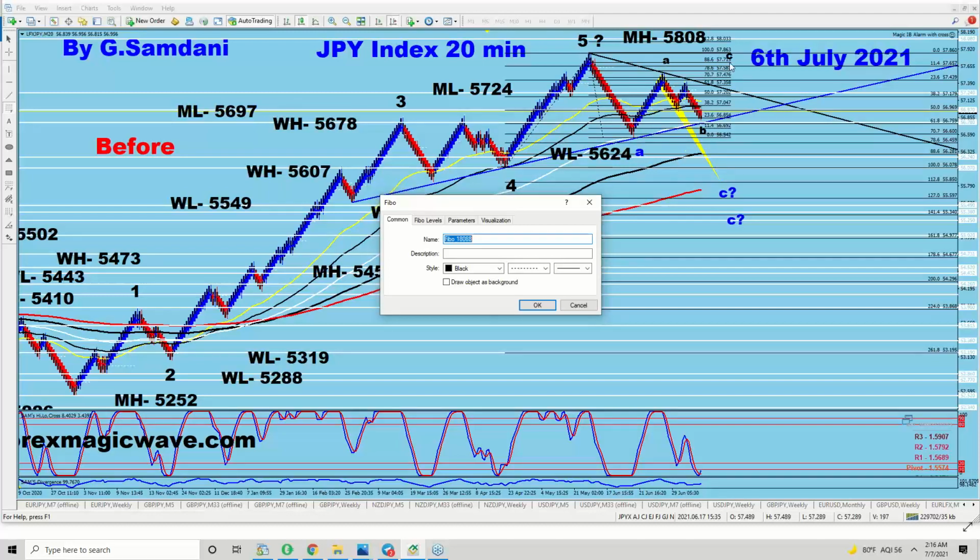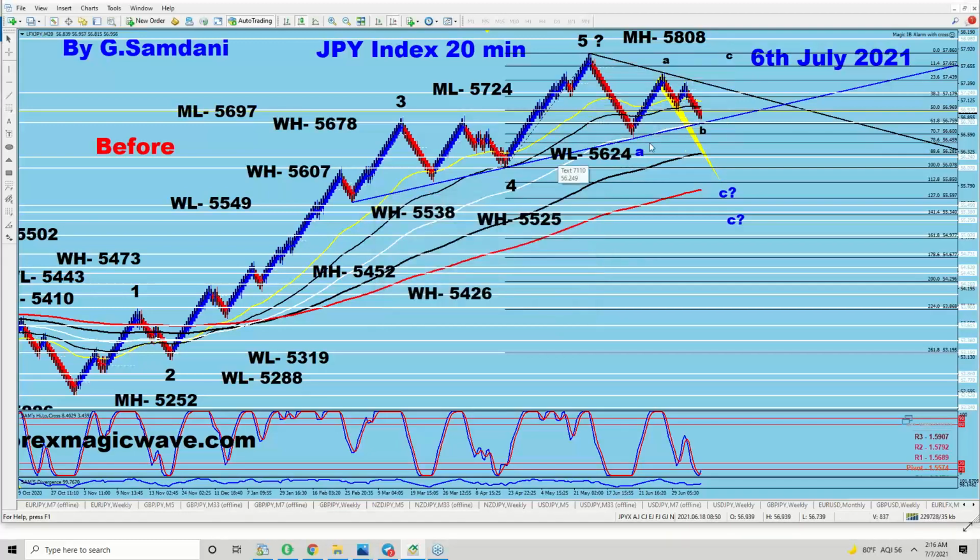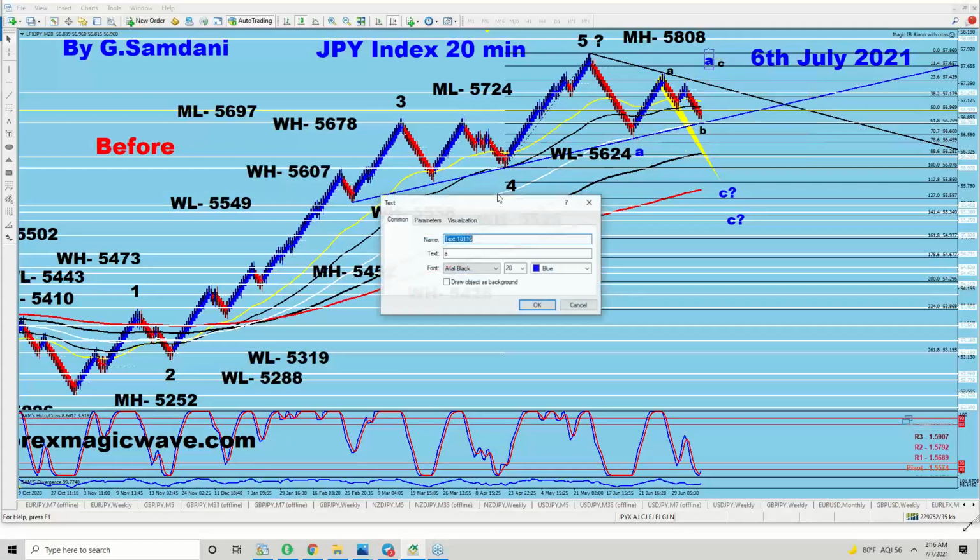That could be A, B, C, and the whole thing would be, where does the B go? So let's see. This is A, B, C. I will put this a little low, and yeah.